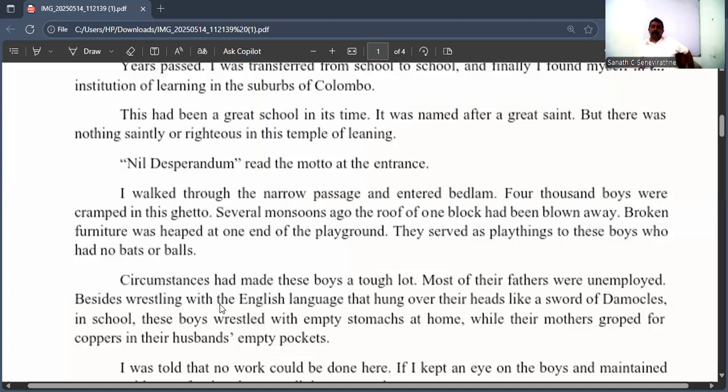She compares this Colombo school with Anuradhapura Central.